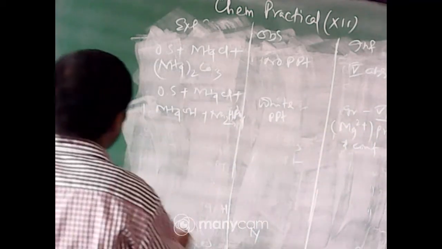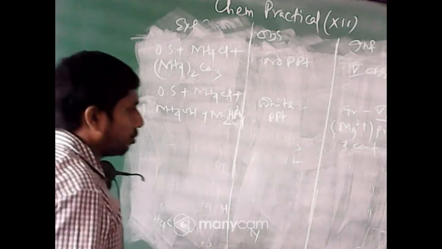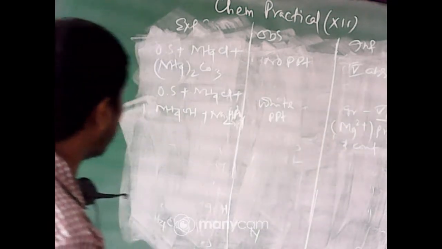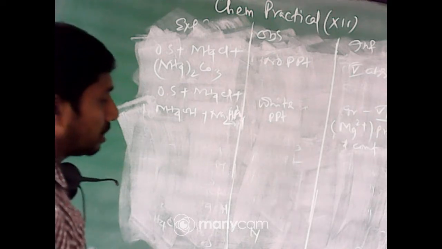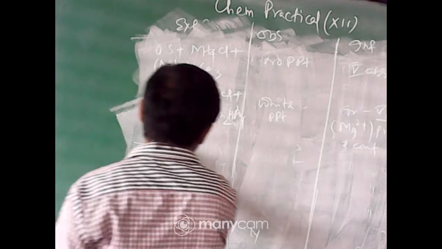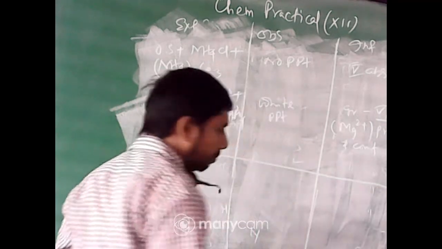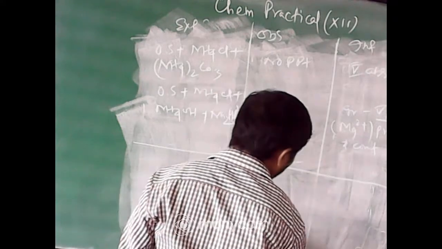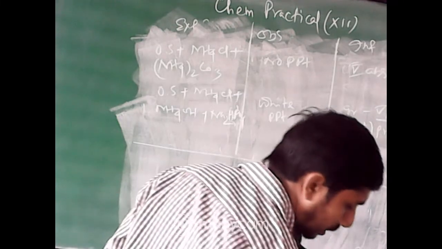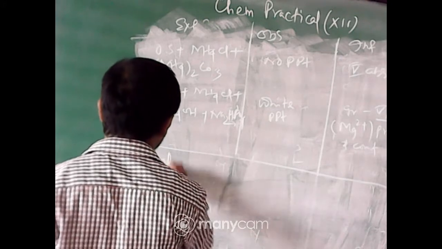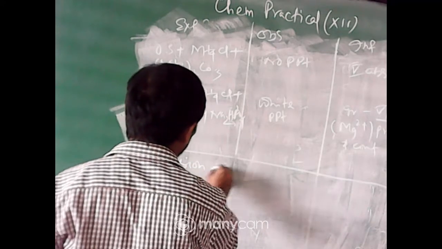After that you can write the confirmative test of that particular ion, that is magnesium found here and the nitrate found in the anionic section. After that we will close the column, close the format. It is continuing from the top. After that write the conclusion.